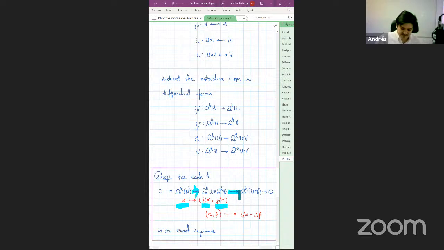The second map: I have a differential form alpha on U and a differential form beta on V. I'm going to restrict alpha to U intersection V, and beta I'm also going to restrict to U intersection V. And then I subtract one from the other. So those are the maps involved in this sequence.